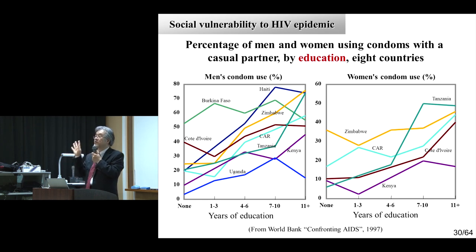So this is a concept of social vulnerability. So the HIV epidemic is not only a medical phenomenon, but very much a social phenomenon. So you can imagine how many social factors are interrelated to produce social vulnerability to HIV infection.